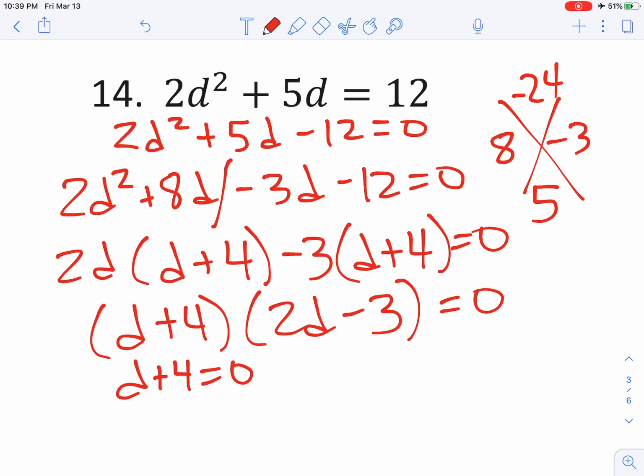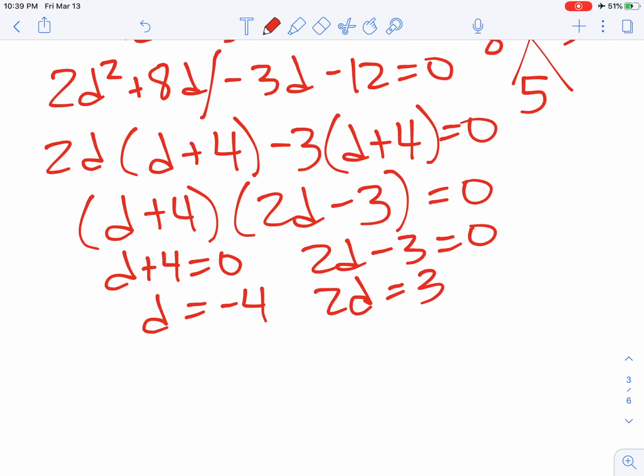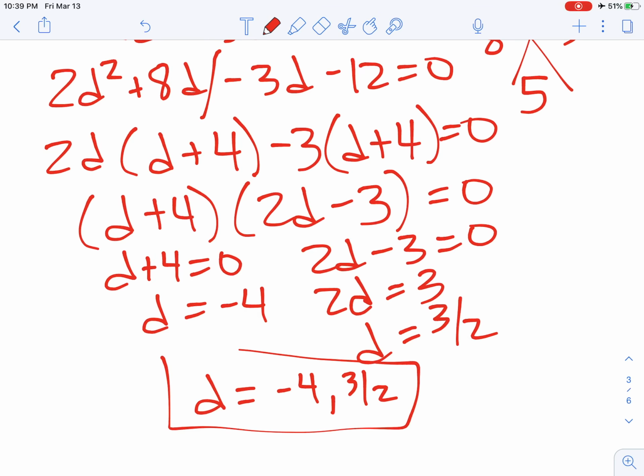So d plus 4 equals 0, 2d minus 3 equals 0. So I get d equals negative 4. I get 2d equals 3, and d equals 3 over 2. Be careful, it's not 2/3. It's 3 over 2. So d equals negative 4 and 3 over 2.